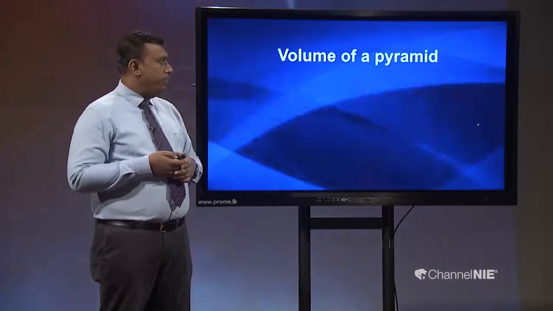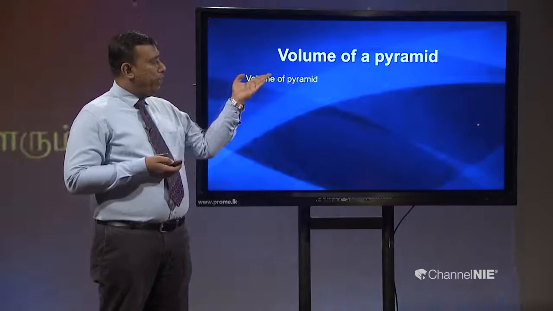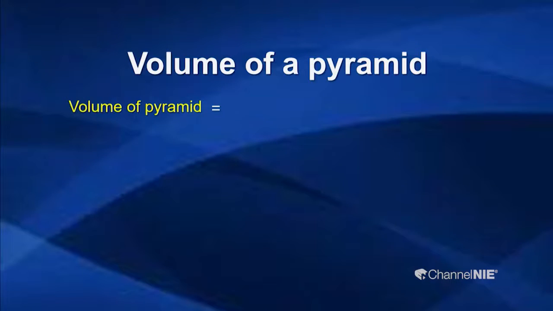Then next one. Look here, when finding the volume of the pyramid, right? Same part here, volume of pyramid. I told you one third of it, we have to multiply by the volume of the cuboid, right? Then that is equal to one third volume of cuboid.